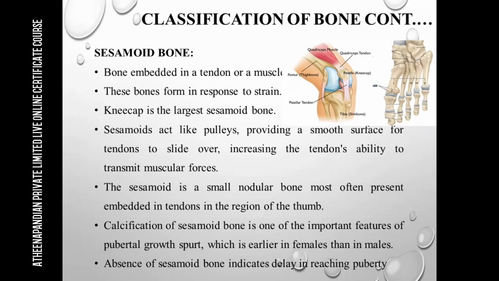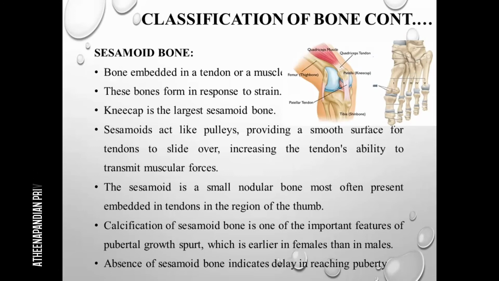That's why, while getting married, the male should be older, with a difference of at least 3 to 5 years between the male and the female. In case of absence of the sesamoid bone, it indicates a delay in reaching puberty.